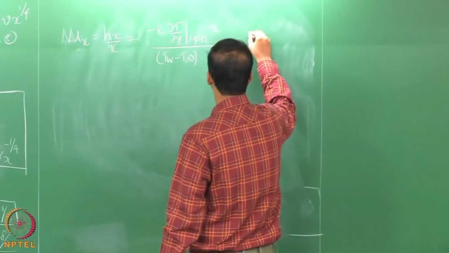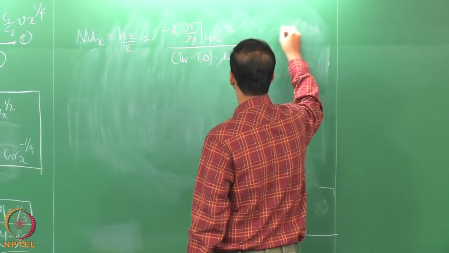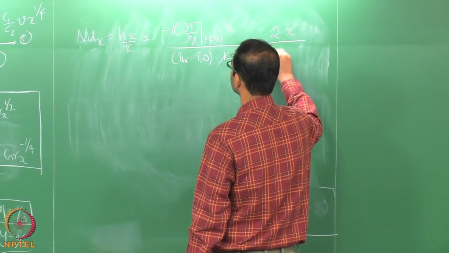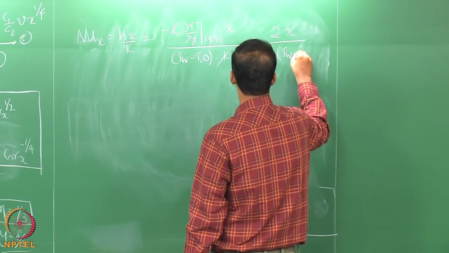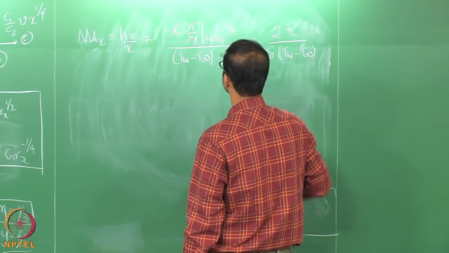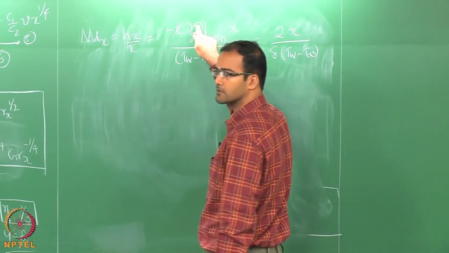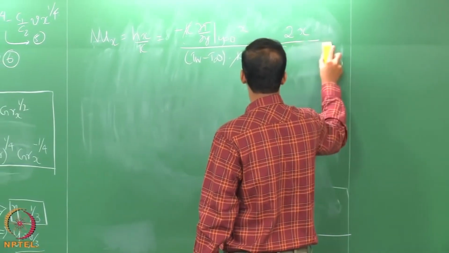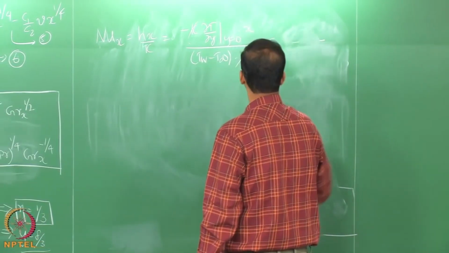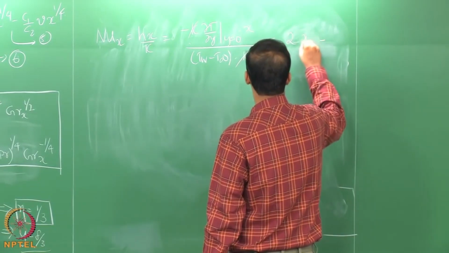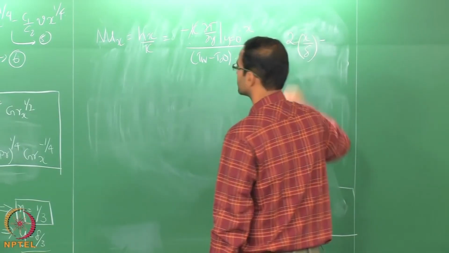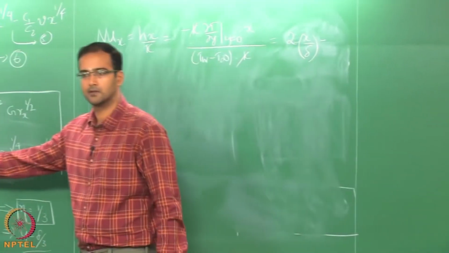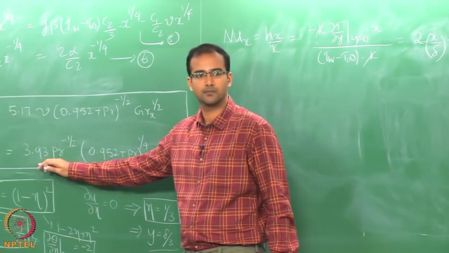So k cancels here, therefore 2x by delta into t wall minus t infinity. So this is nothing but, if you write in terms of theta, I think this will be absorbed. So it is nothing but simply 2x by delta. So it is exactly the inverse of this. Okay.